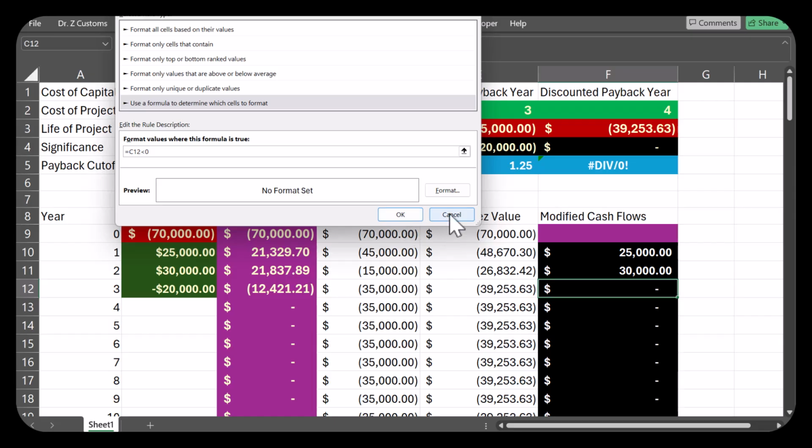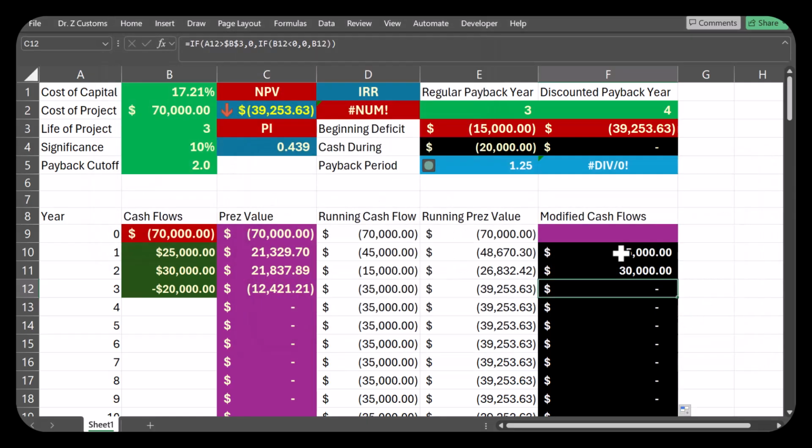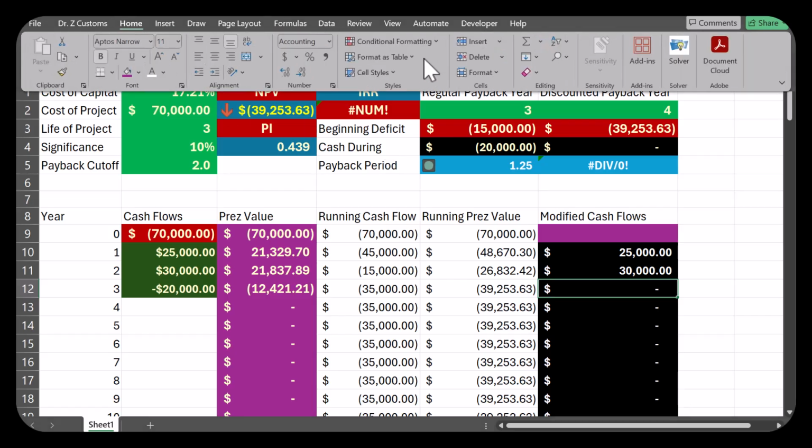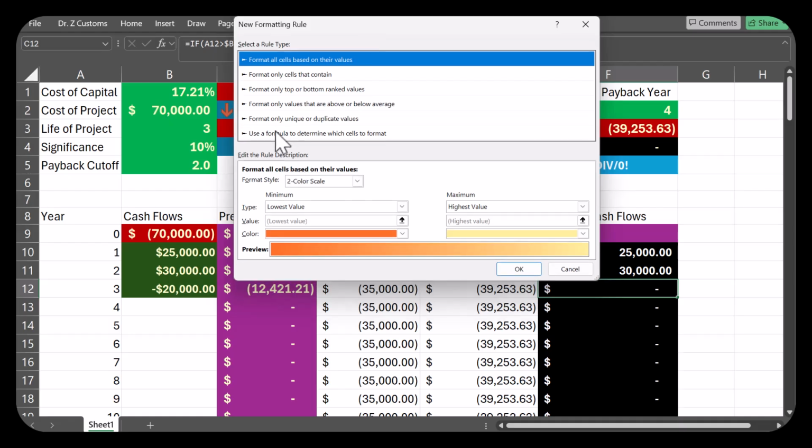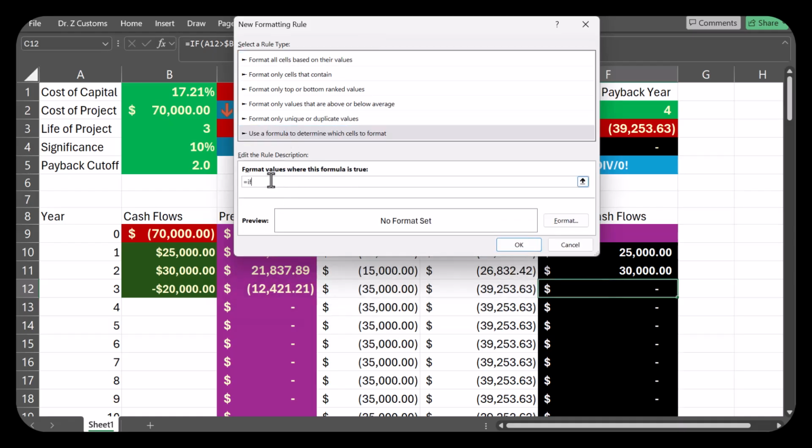I do. If that happens, I want to have a bright red background.